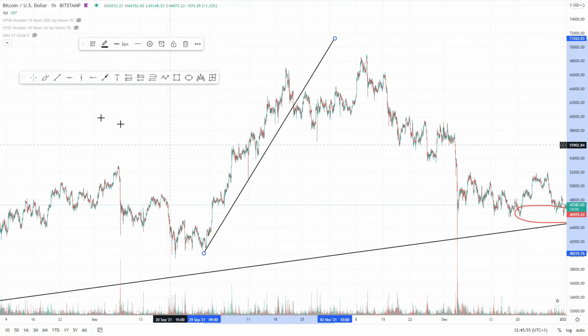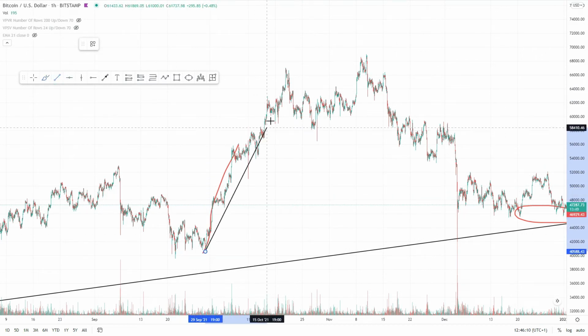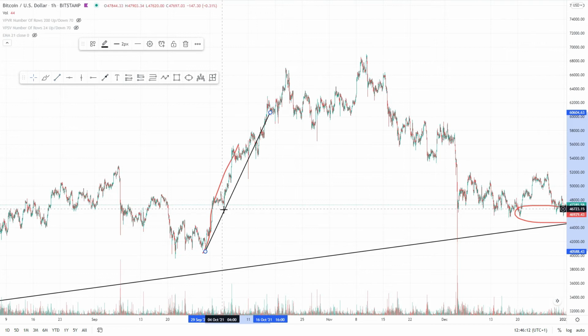So if you use trend lines for trading, you will probably start here. Here you can see a nice trend, so you can draw a trend line here and you will wait for a reaction here.